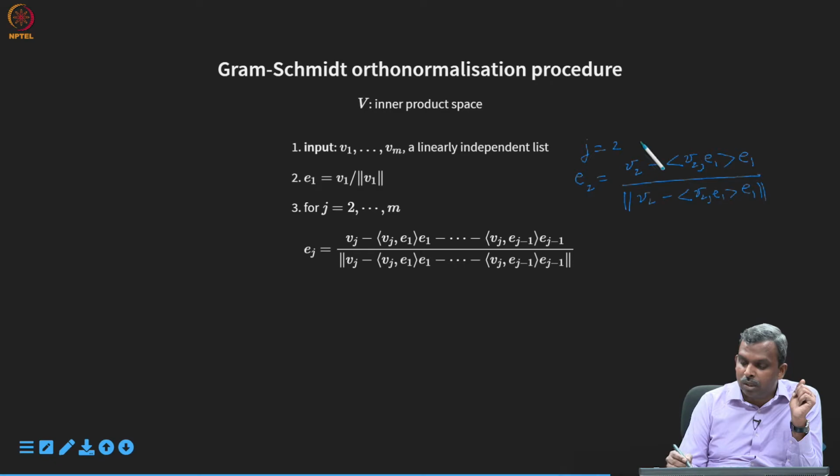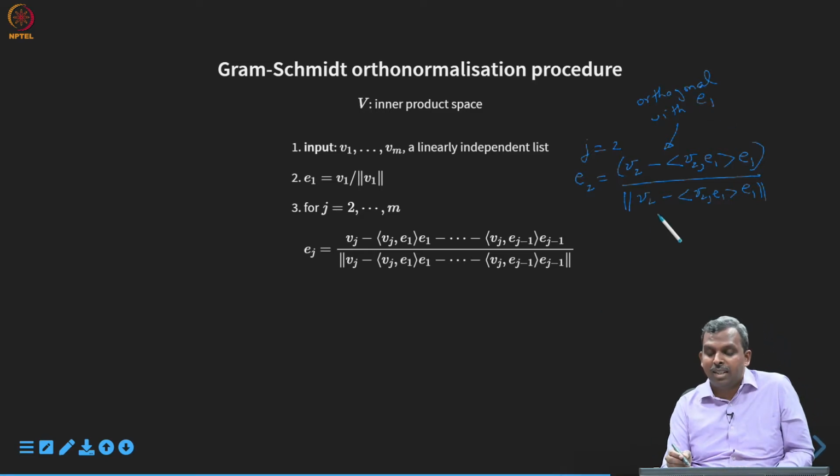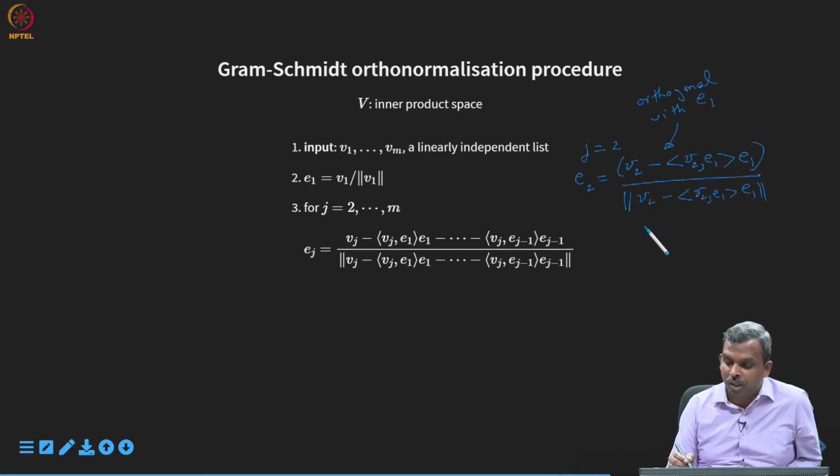The guy in the numerator, V2 minus V2 comma E1 multiplied by E1, is orthogonal to E1. That's the crucial part, and it's very easy to show.